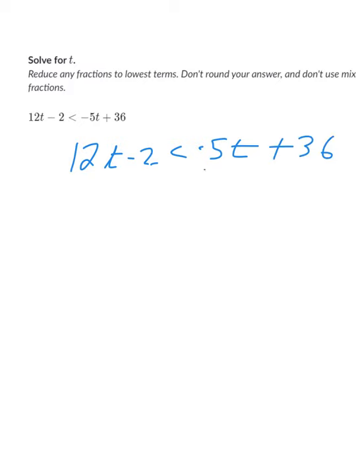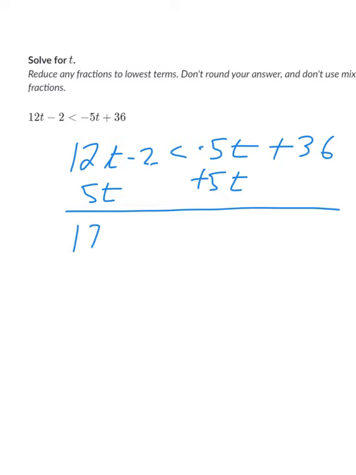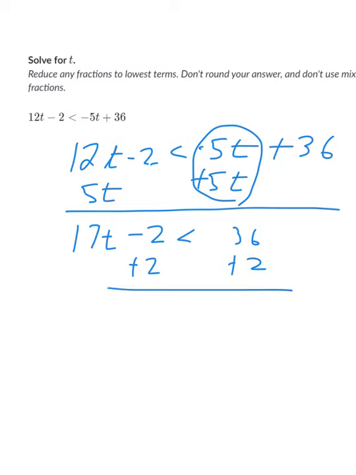I think this time I'm going to add 5t to both sides first. As long as I do the same operation, as long as I add or subtract the same amount to both sides, that keeps it equal, so it's legal. So that's 17t minus 2 is less than 36. Add 2 to both sides.